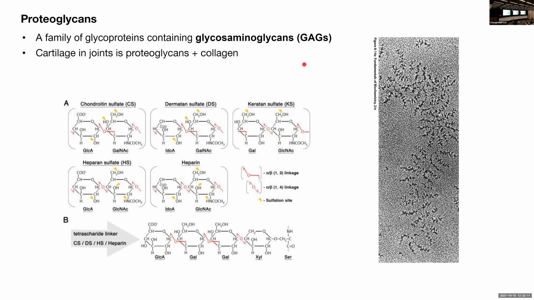So whenever you see the glycoproteins that are containing GAGs, then you can call them proteoglycans. And again, like we discussed in the section of GAGs, they are mainly found in the cartilages, in the joints, where it has the collagen fibers and the proteoglycans or the GAGs there.